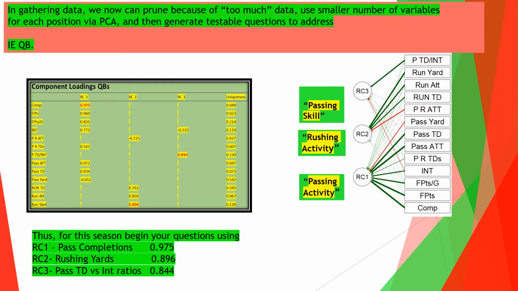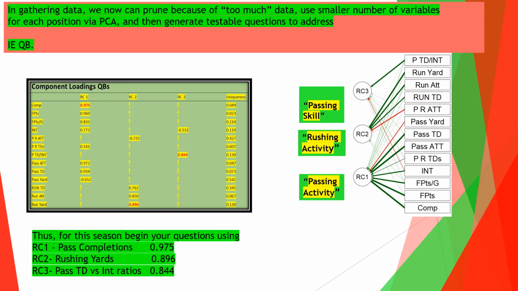Just listening to a bunch of podcasts or reading the latest clickbait article is pretty weak, and it's not going to do what you think it's going to do. You might increase your confidence, but your accuracy probably is not going to increase much. So we use principal component analysis to try to winnow down the variables, prune the data, and get some questions to start testing and looking at, right?